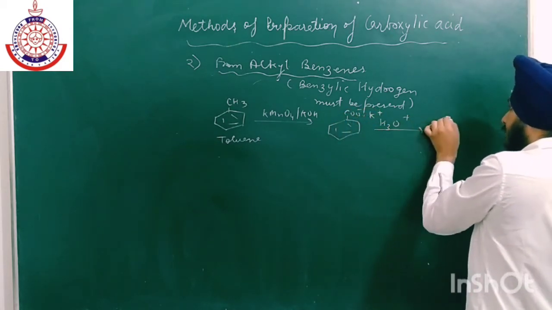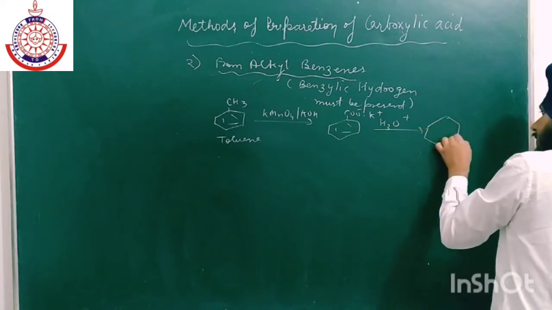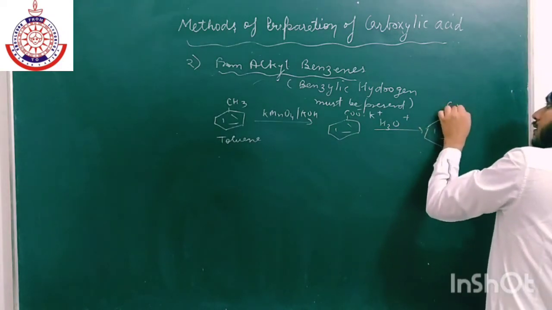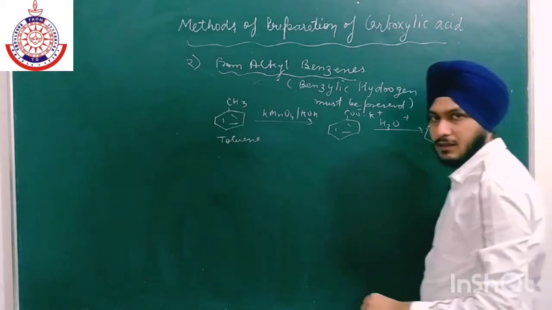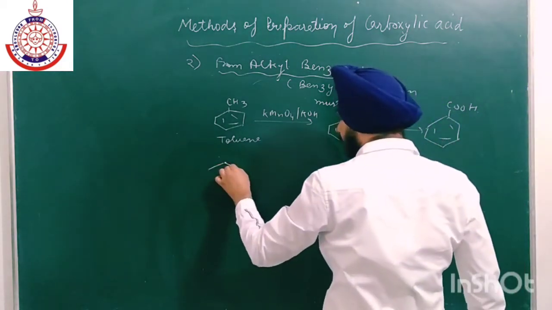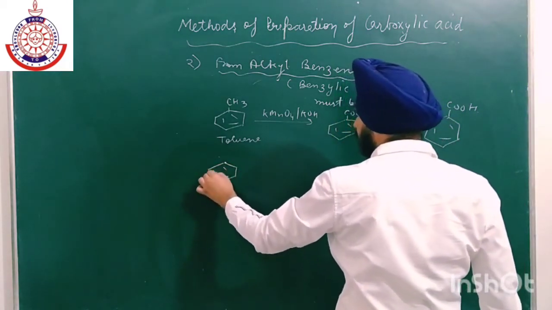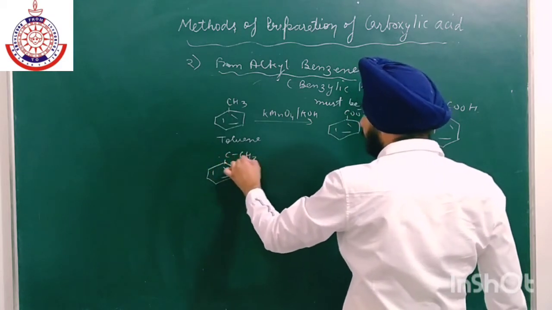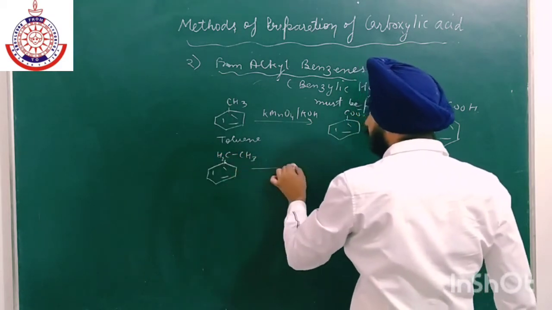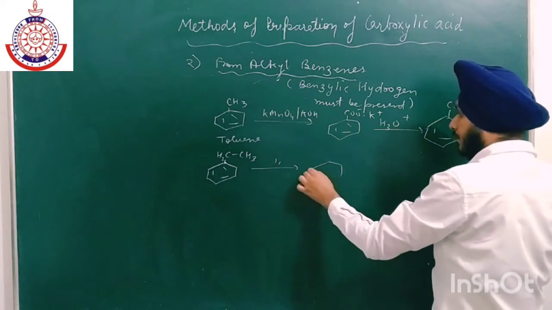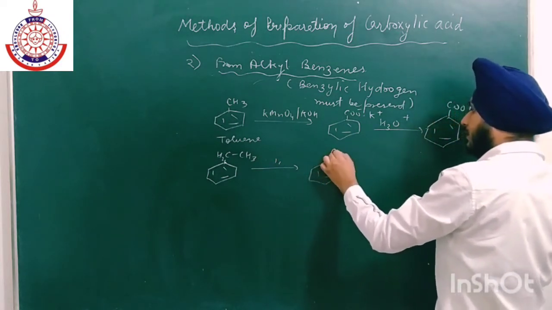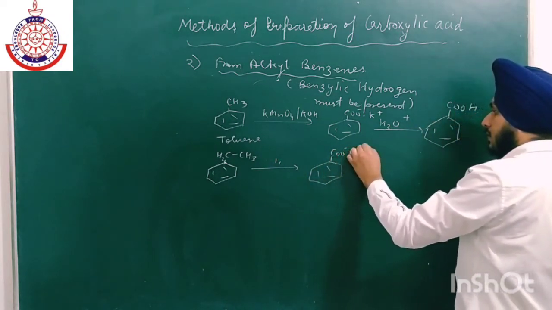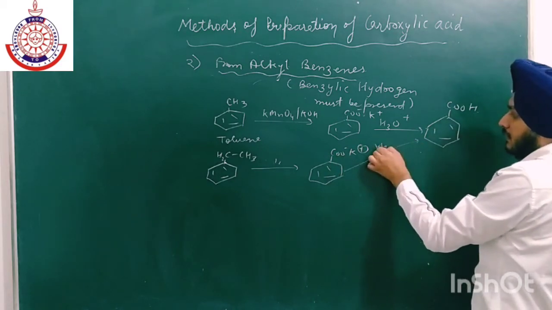So we can easily get benzoic acid as the main product. Same steps are there if I replace one hydrogen with a methyl group; then again the same steps will occur. So we will get the same product. On hydrolysis we will get the same product.